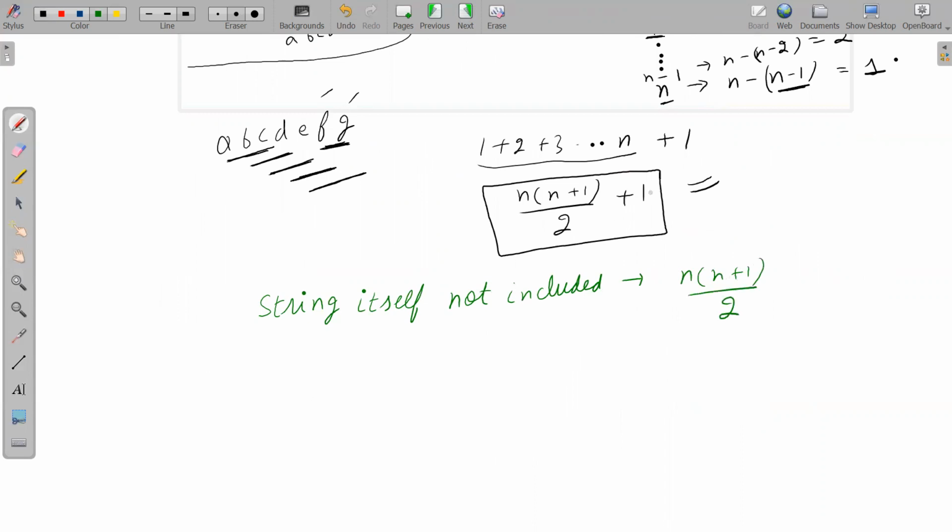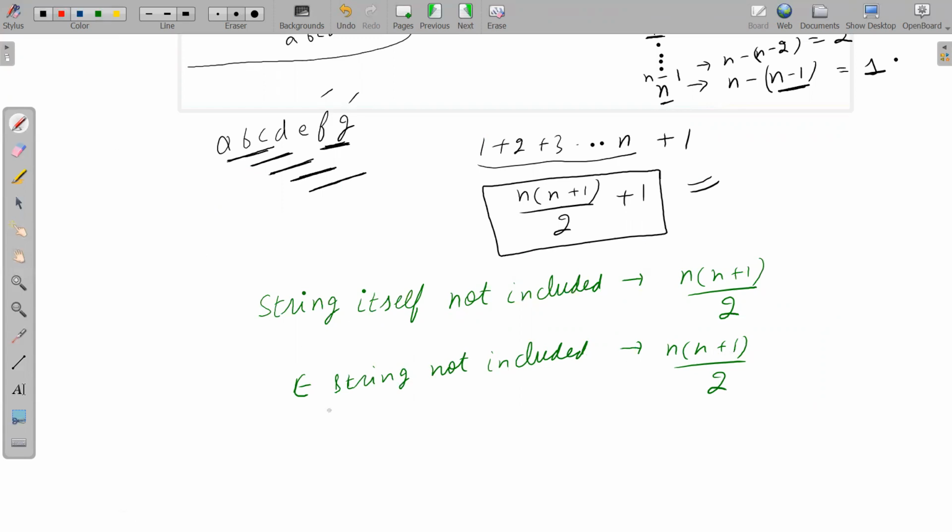We will subtract this one because we are not including the string itself. Similarly, if we say the null string is not included, then again the answer will be n into n plus 1 by 2, because we are not including null, so this one will be subtracted.